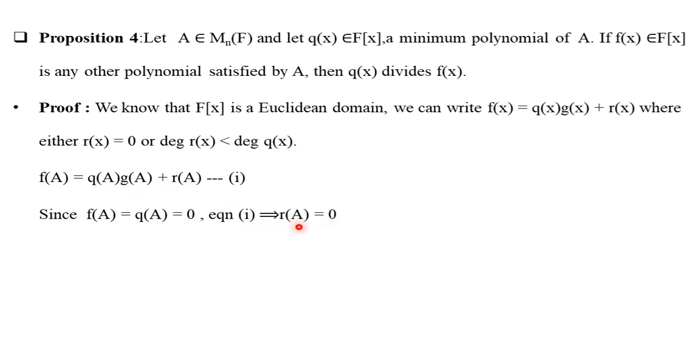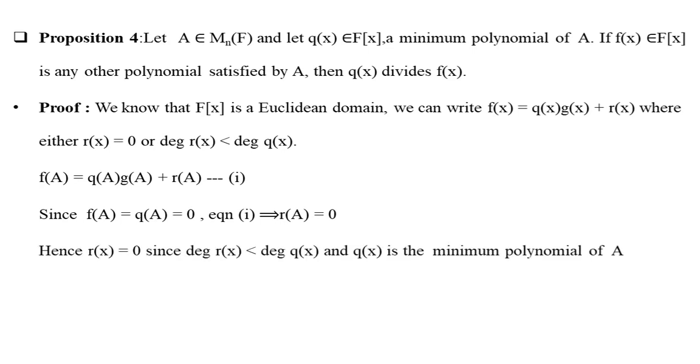Now r of a equal to 0 means r of x must be equal to 0, otherwise it will become a minimum polynomial, a contradiction to the fact that q of x is a minimum polynomial of a. See here. Hence r of x equal to 0, since degree of r of x is strictly less than degree of q of x and q of x is the minimum polynomial of a.